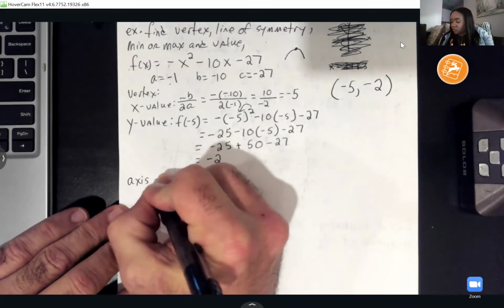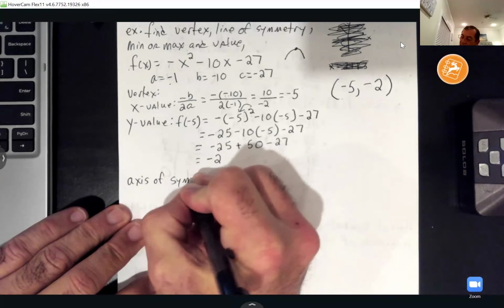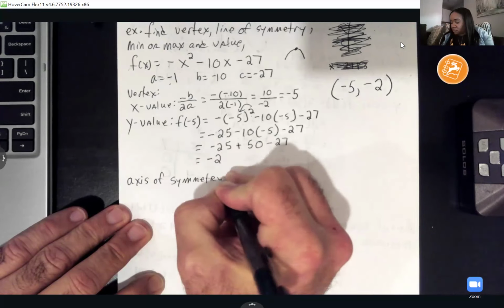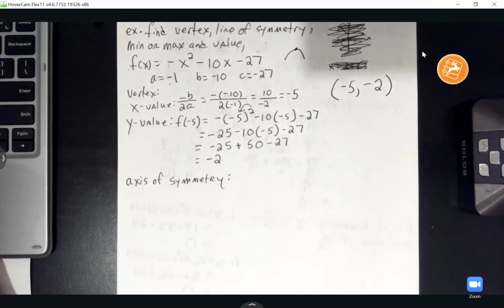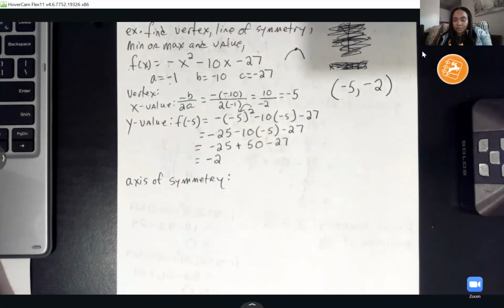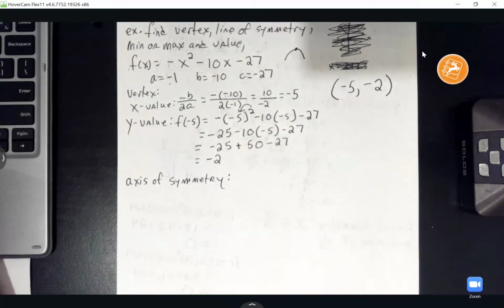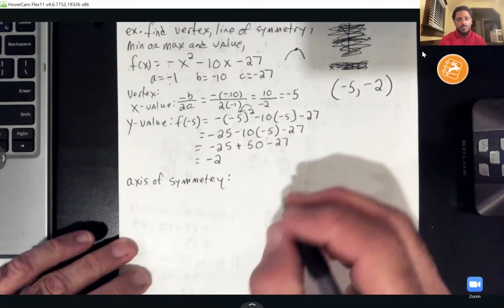So let's do the axis of symmetry. What is my axis of symmetry? -5. Oh, you're so close. X equal -5. X equal -5, there you go.